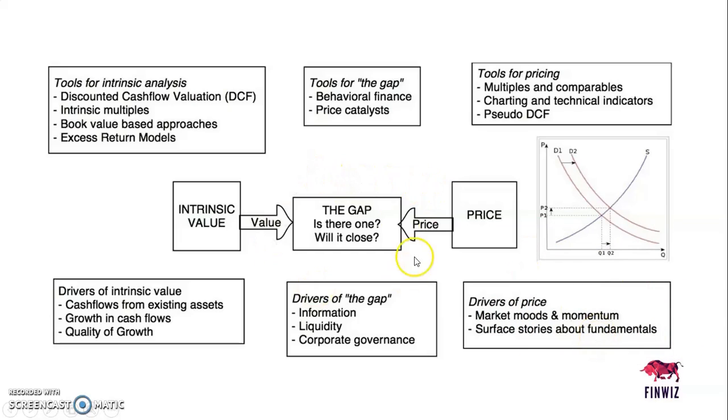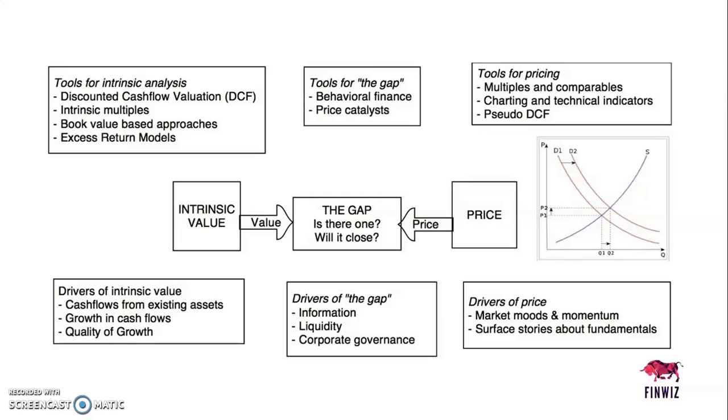Often there exists a gap between the company's intrinsic value and price, and as a fundamental analyst, you're trying to spot the gap, see if there's a gap and if it will close. And if it does close eventually, does it close because the value is going forward, or is the price declining, or is there some other reason? The drivers of this gap usually are any information related to the company that might become public in the coming time.